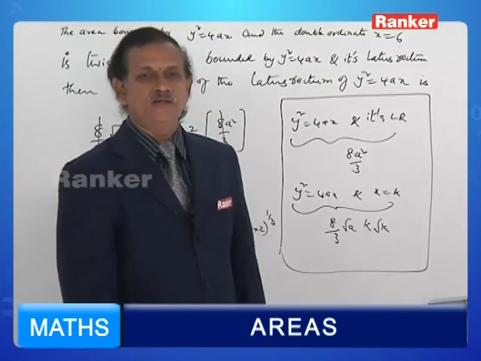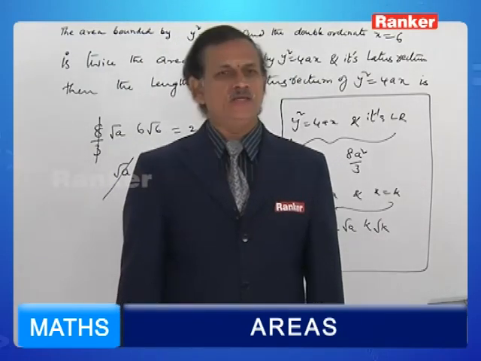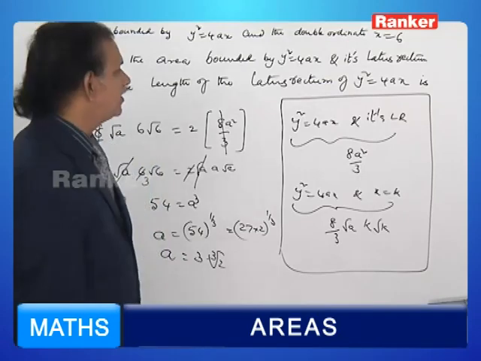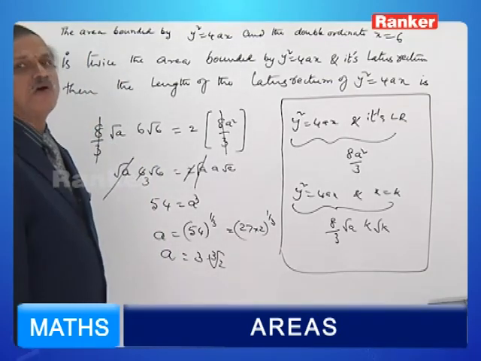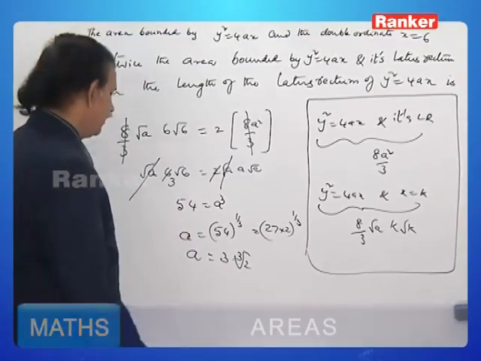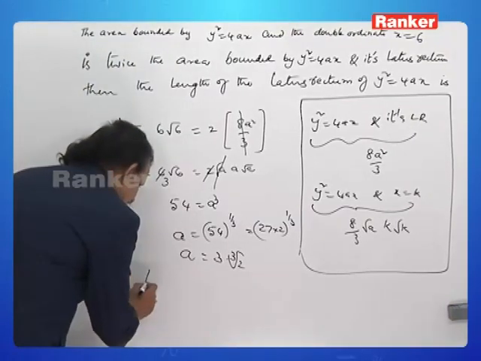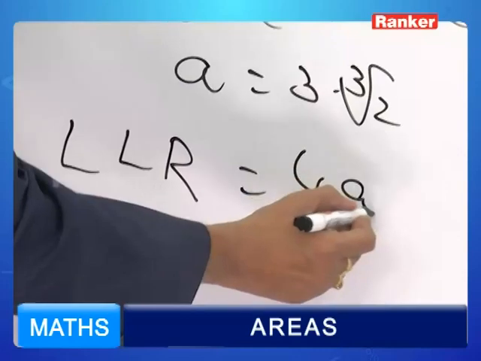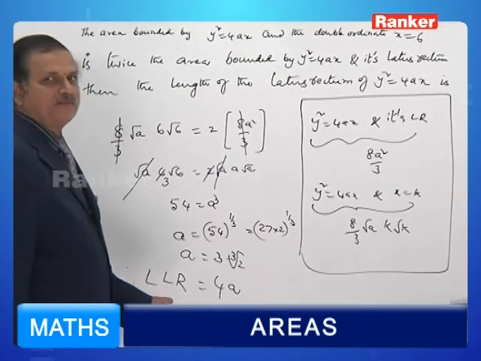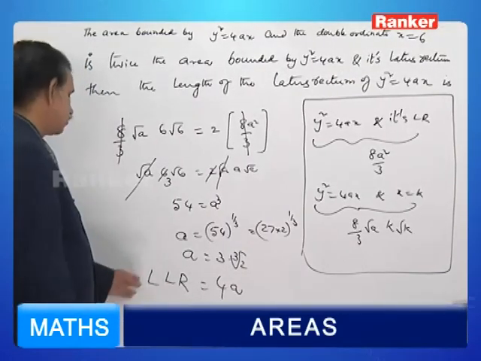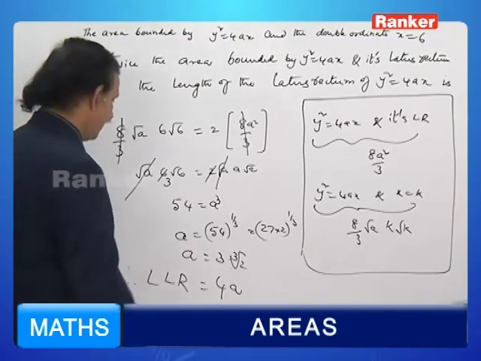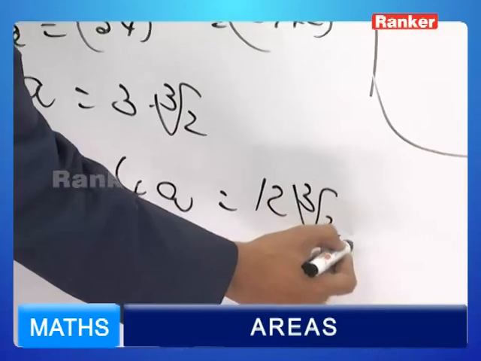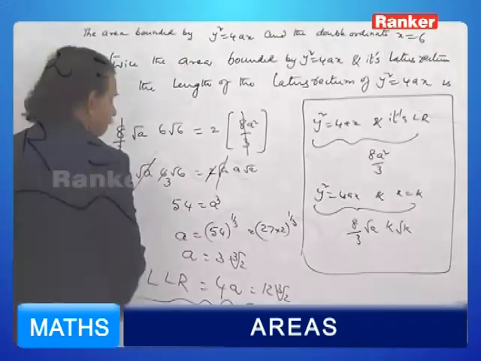We are not supposed to find the value of a, but the length of the latus rectum. What is the length of the latus rectum? It is 4a. Therefore, the length of the latus rectum of the parabola, LLR, is 4a, hence it is 12 into cube root of 2. That is the answer.